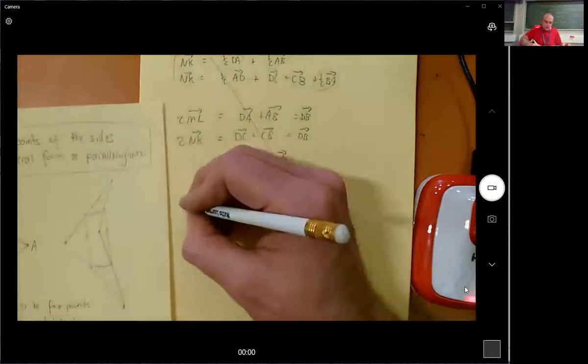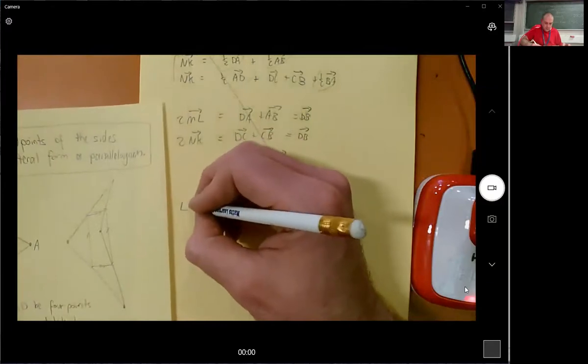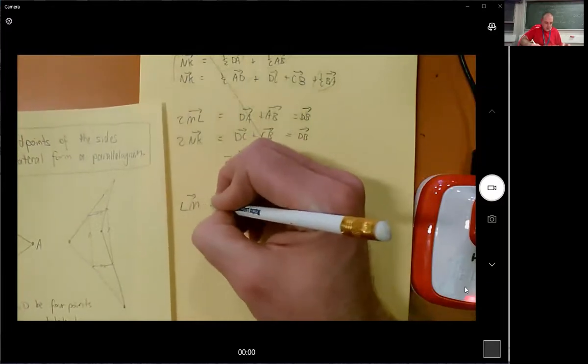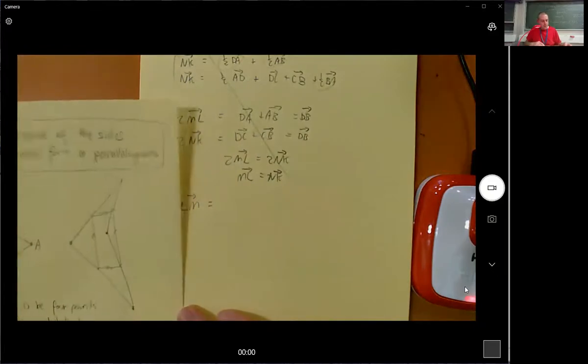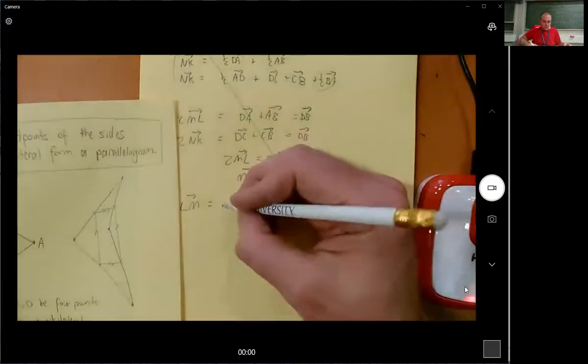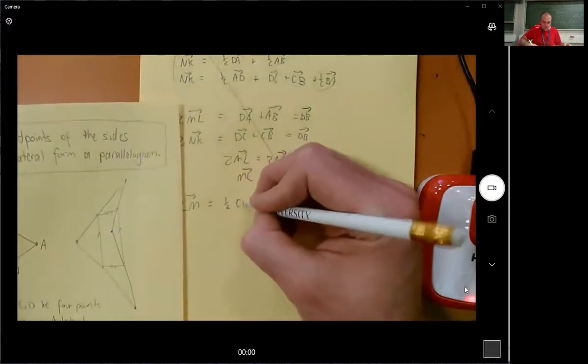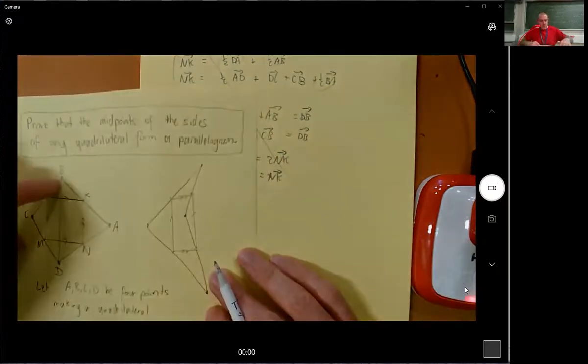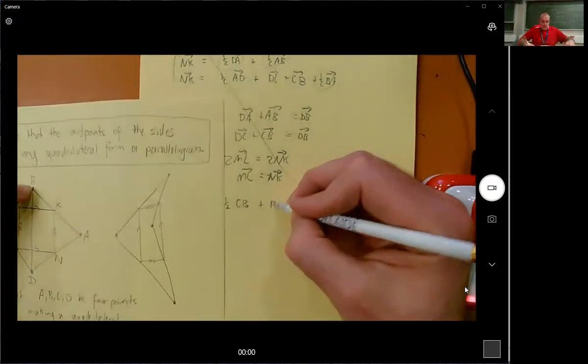So LM equals half of CB, that's this journey here, plus BD.